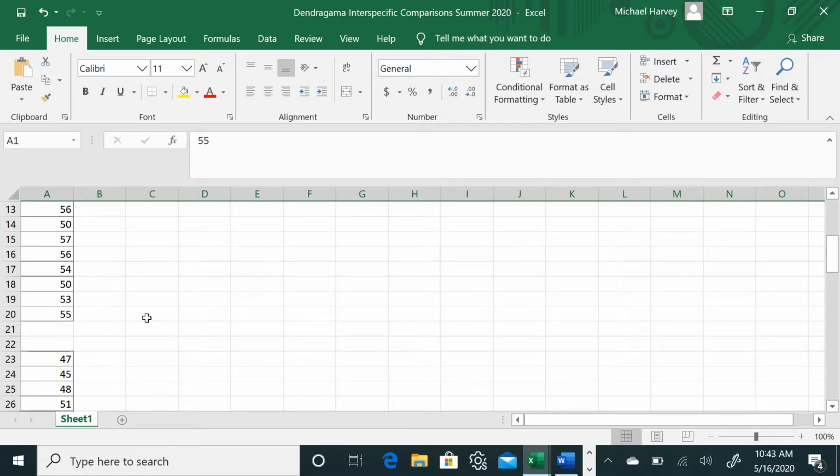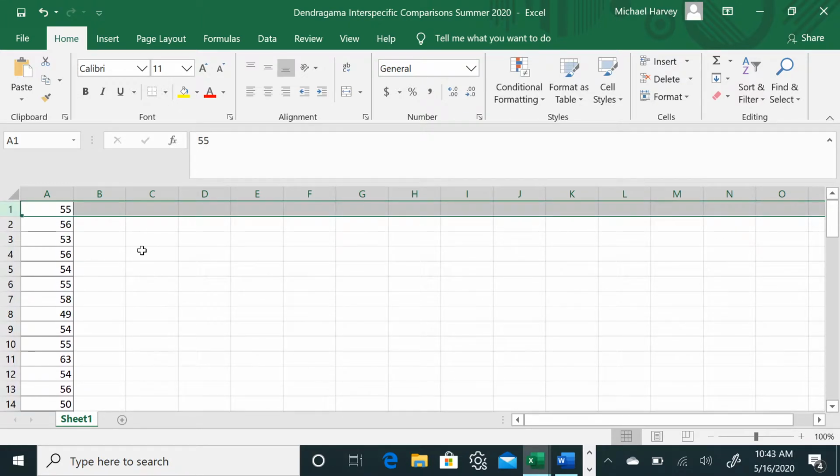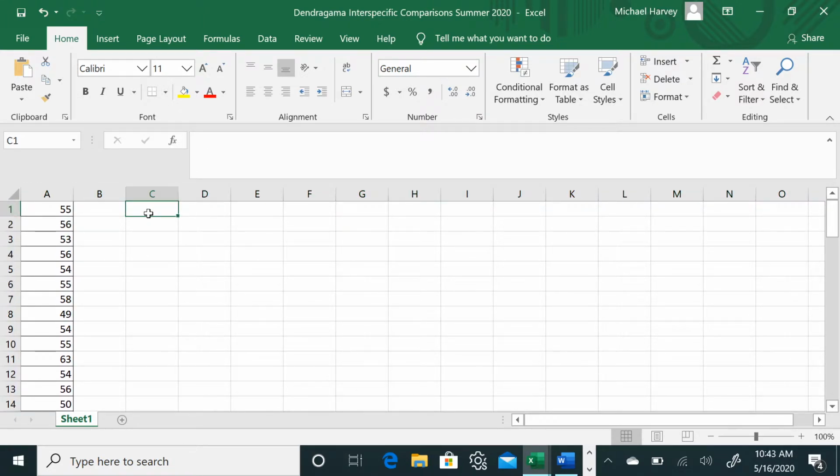Remember, the first step is we take the percentage we're interested in and multiply it times the number of scores plus 1. So the first thing we're going to need is 0.8, the 80th percentile, times 21.